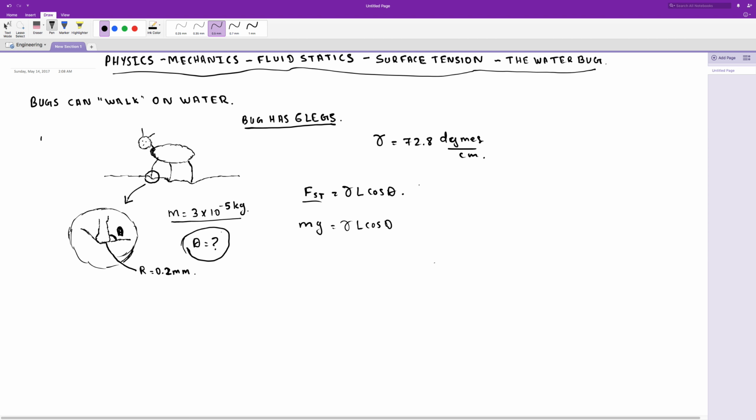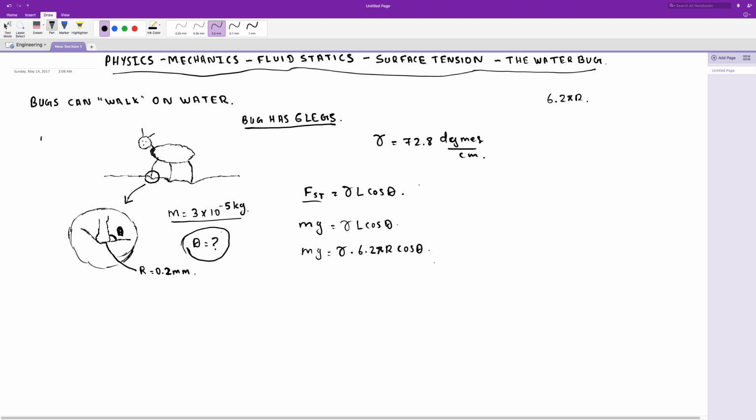theta. And since the bug has 6 legs, each of the legs has a foot. Circle feet mean the length of the circle is going to be 2 pi r, so 6 times 2 pi r. So I'm going to write 6 times 2 pi r instead of L. So this is going to be mg is equal to gamma times 6 times 2 pi r cos theta.